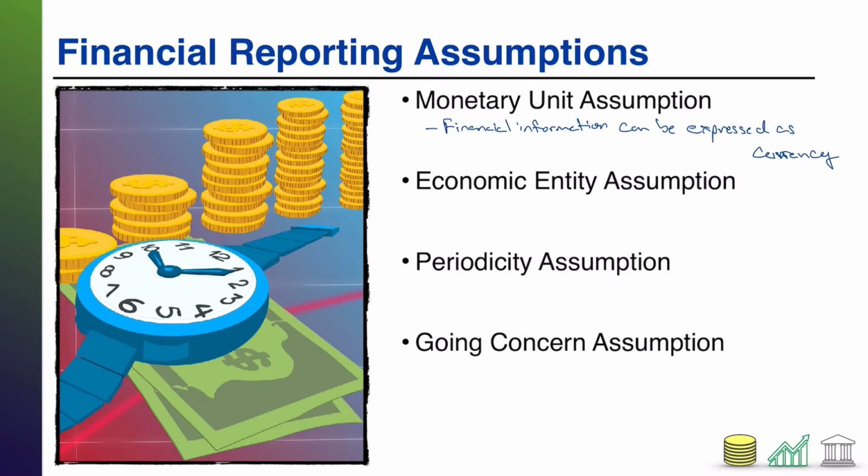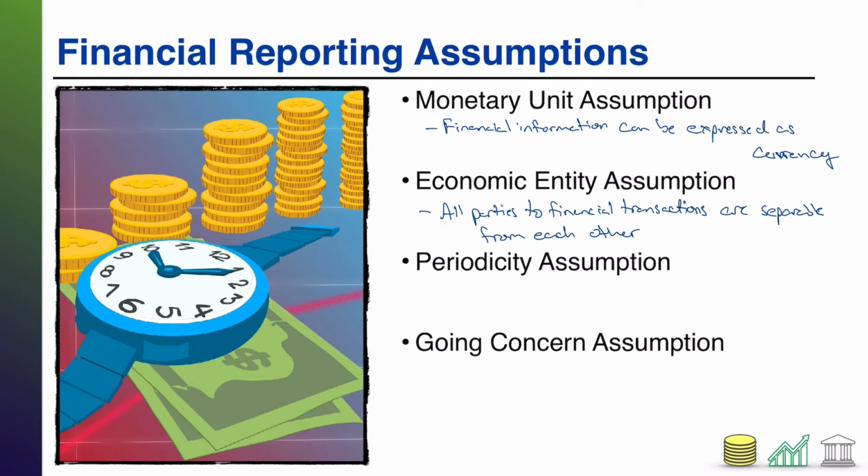Okay? Next up is economic entity assumption. Economic entity assumption simply says that all parties to financial transactions are separable from each other. All right, what do I mean by that? All parties to financial transactions are separable from each other.